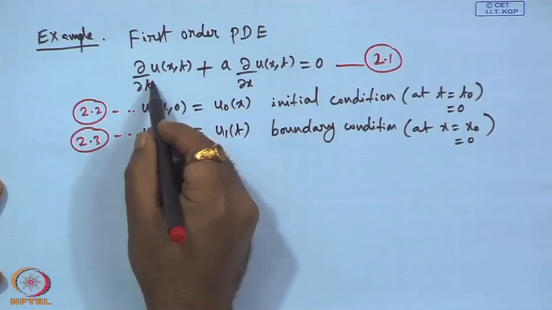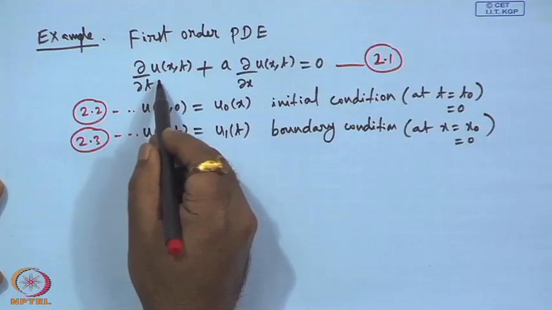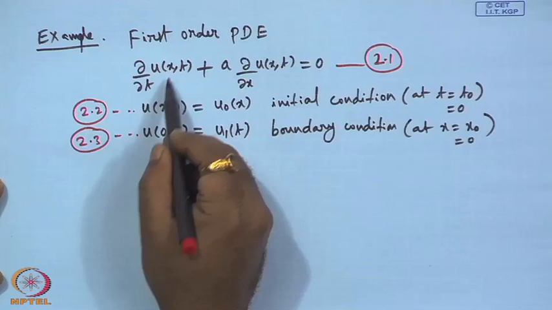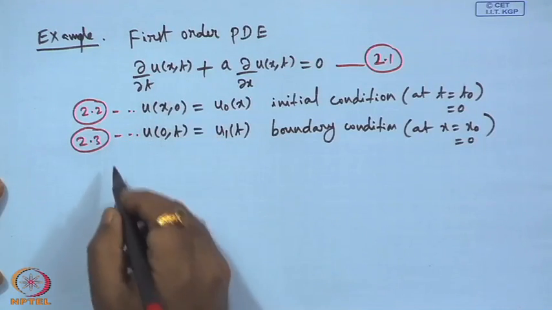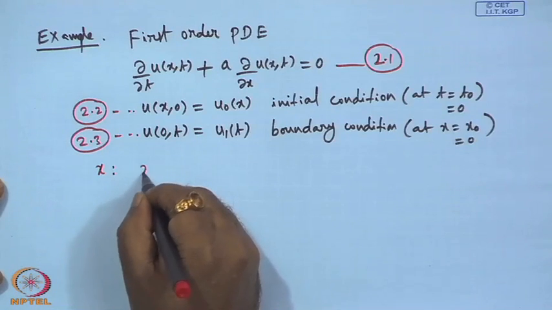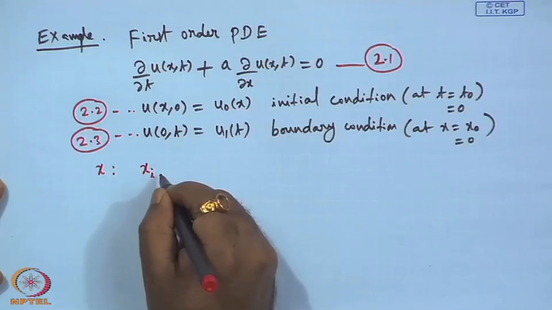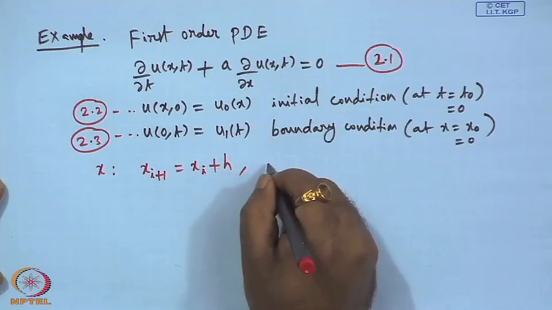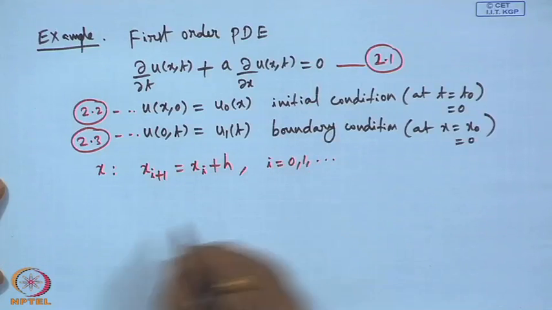So, now if we discretize 2.1, okay. So, first we have to discretize this. So, that means first order with respect to time we would like to discretize. So, since this is a PDE which involves two independent variables, we have to define how x is being discretized. So, x is being discretized as x_{i+1} equals x_i plus h, equispaced. So, i equals 0, 1, etcetera.